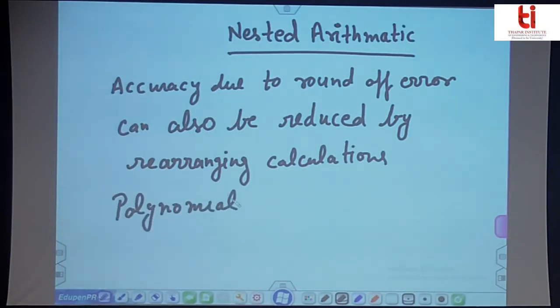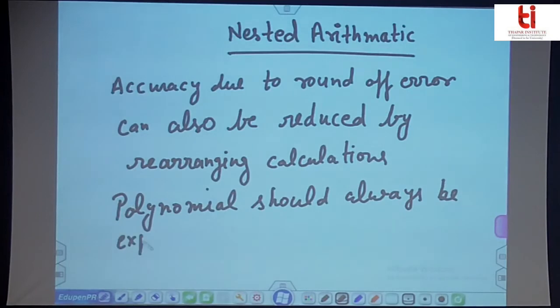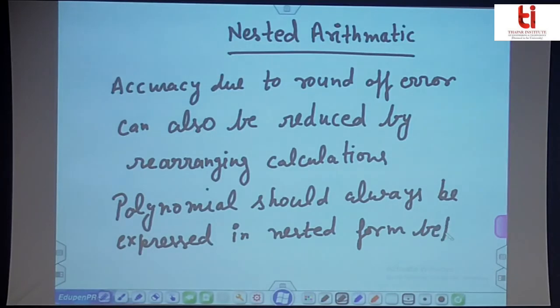Polynomials should always be expressed in nested form before performing an evaluation.